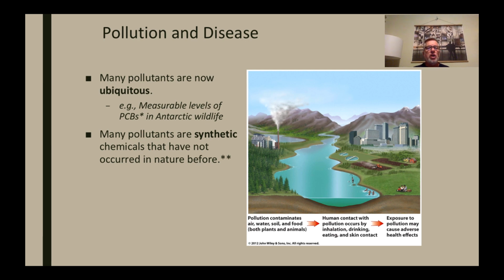Many of the pollutants are synthetic chemicals, and that means that they have not occurred in nature before. And you may remember we have discussed that synthetic chemicals should be treated with suspicion, because if nature hasn't seen it, if an organism hasn't seen it, then it is more likely to have an adverse effect in the environment, for example, to accumulate in the environment or to cause novel changes in the environment, than things that actually occur in the environment.